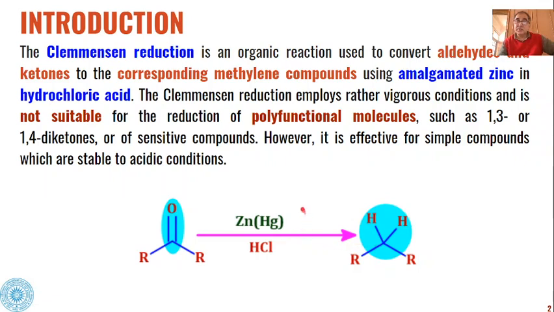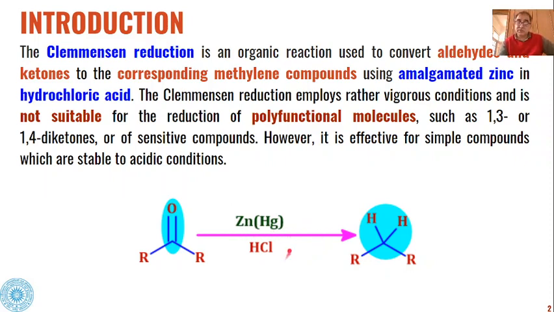The reagent used for this conversion is zinc amalgam and HCl. The combination of these two is used as a reducing agent for this type of reduction reaction.